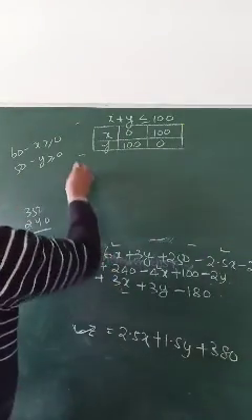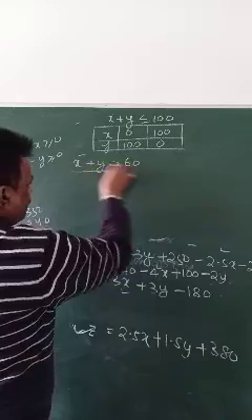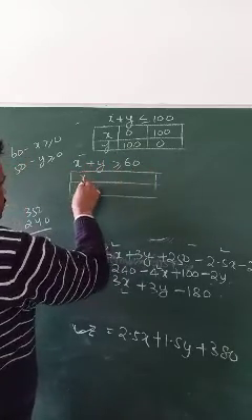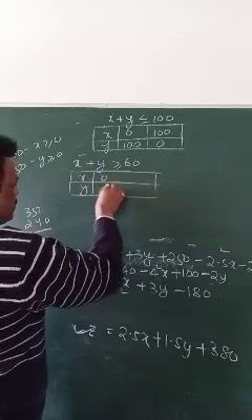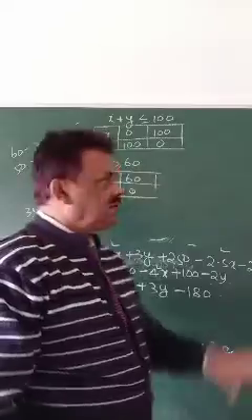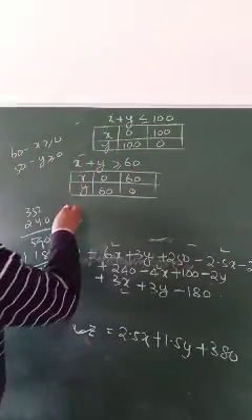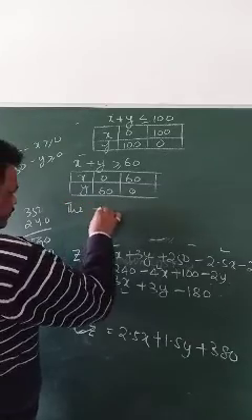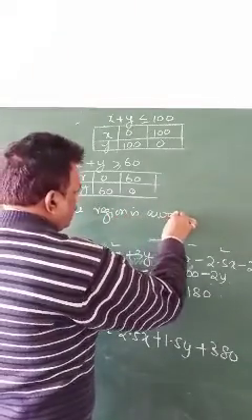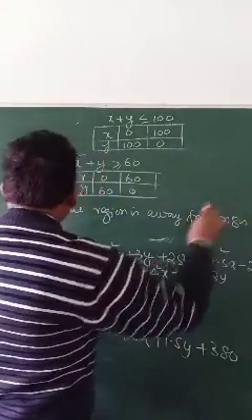Let's do it here: x, y, 0, 60, 60, 0. Constant greater than, so the region is away from origin.